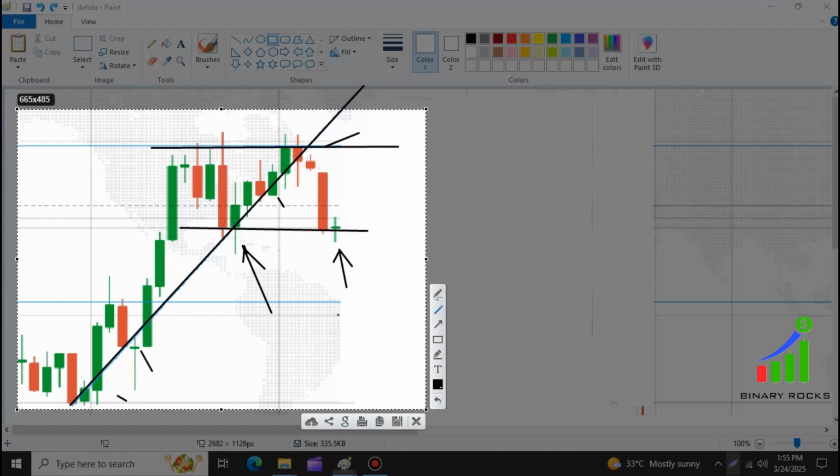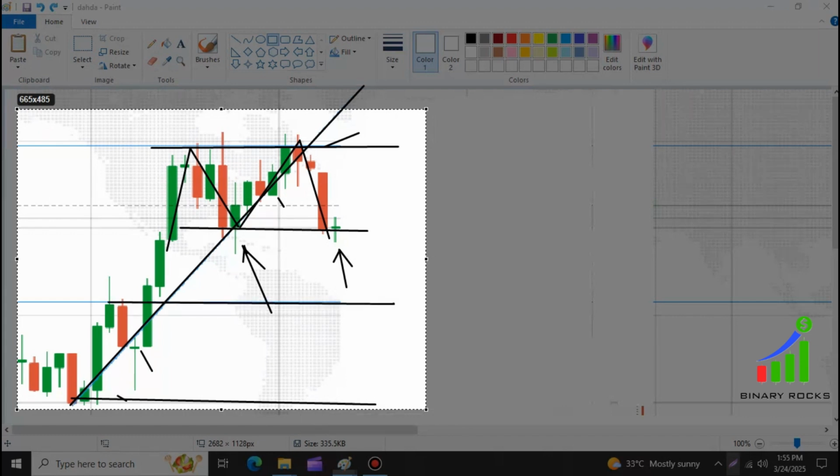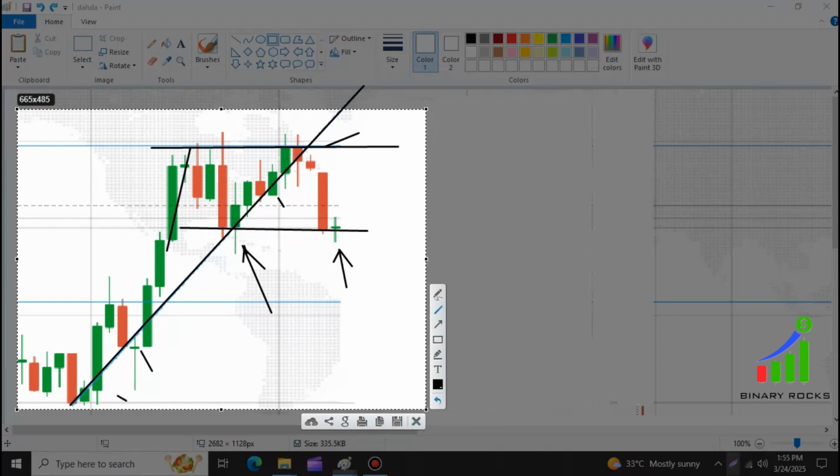And the market has an M pattern type style. So maybe the market would go down up to here, and previously we have SNR here. Maybe the market may go here easily. So these kinds of possibilities are there, so you should check all these points.